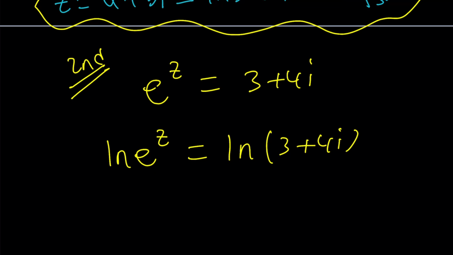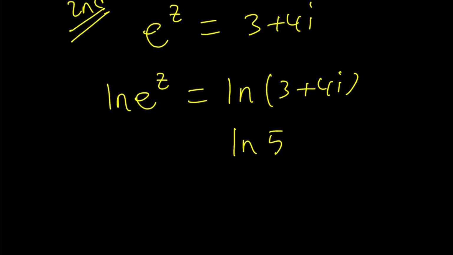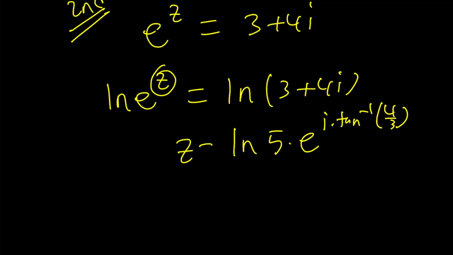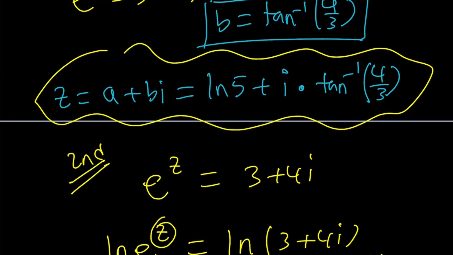And then you're just going to write this as ln of 5 times e to the power i times tan inverse 4/3, just like before. And then this is going to be just z. And then you can go ahead and ln this product, which is going to turn into a sum of 2 ln's, and then you're going to get the exact same answer.